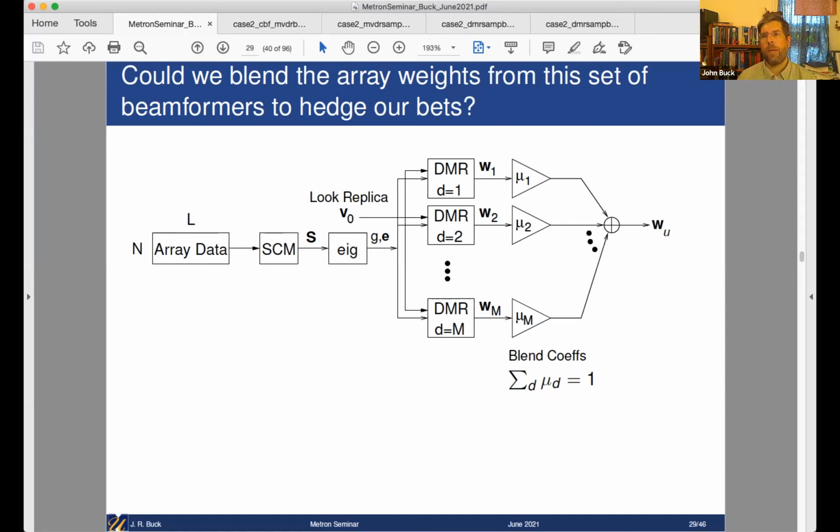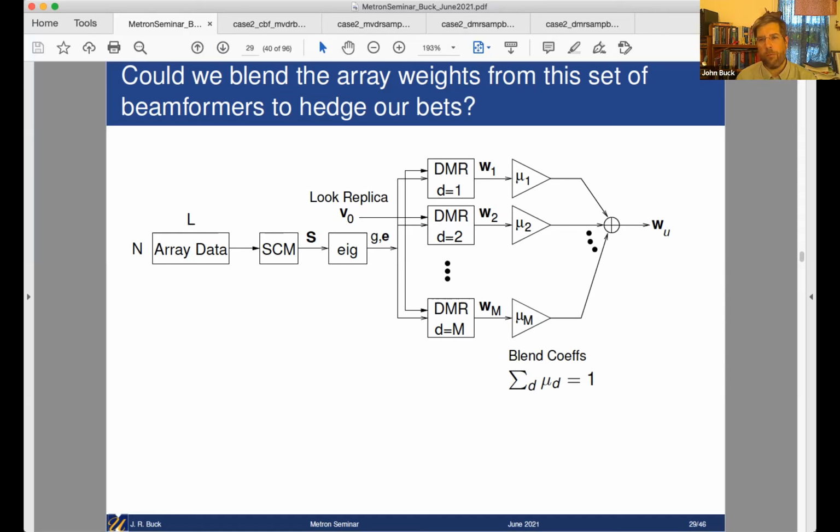And so rather than picking one array weight, you can think of this as a beamformer hedge fund. You're going to invest mu sub M in each of the different sets of array weights based on past performance. The only thing I'm aware of that's similar to this is that Christine Bell solved the Bayesian problem, which was more focused on when your look directions were on a different grid than where the signals were actually coming from.